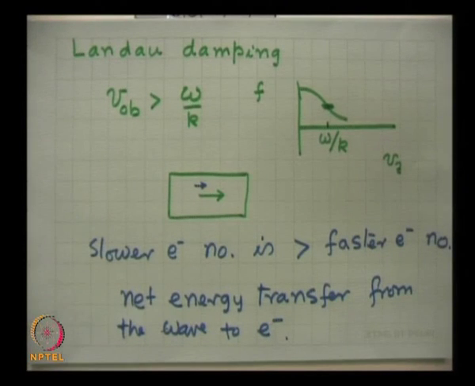This phenomenon is known as Landau damping, and this is one of the major phenomena observed in plasmas. It is a very important process that gives rise to efficient heating of plasmas. I think we have to develop a kinetic theory to discuss this phenomenon in depth, and that will take some time.